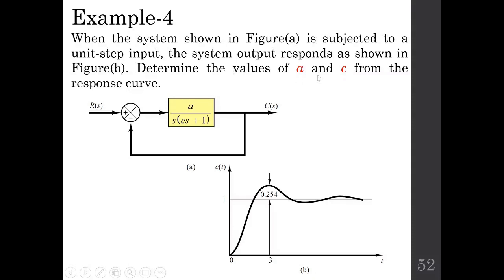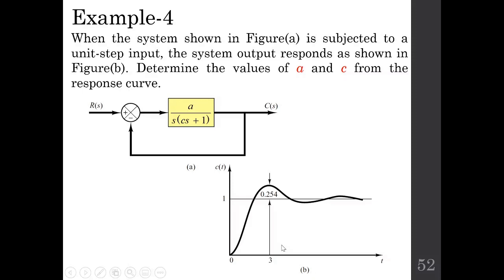Determine the values of A and C from the response curve. So, this question is your homework. You need to find out the values of A and C by using figure A and figure B.